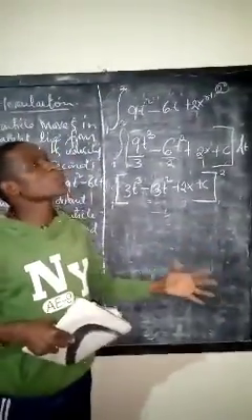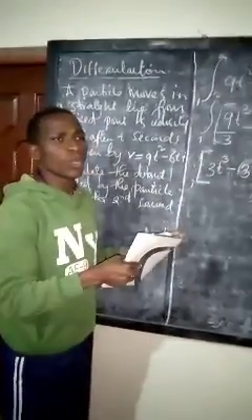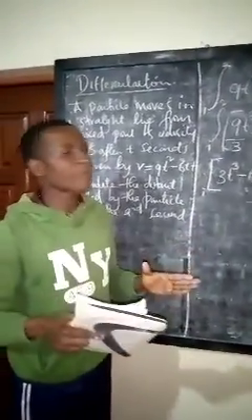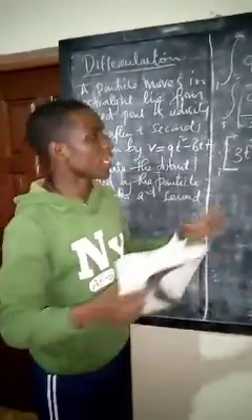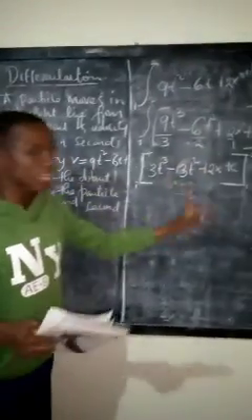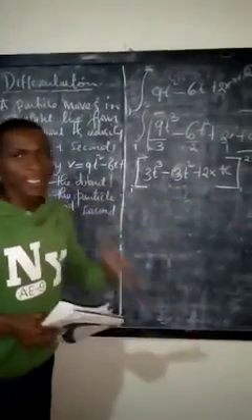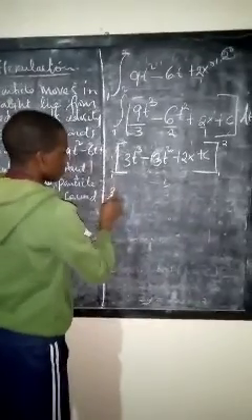For example, if you are told to find the distance covered between point A and point B, what we need to do is subtract A from B, so that you can get the distance in between. So in our case, we substitute 2 into the equation and substitute 1 into the equation.